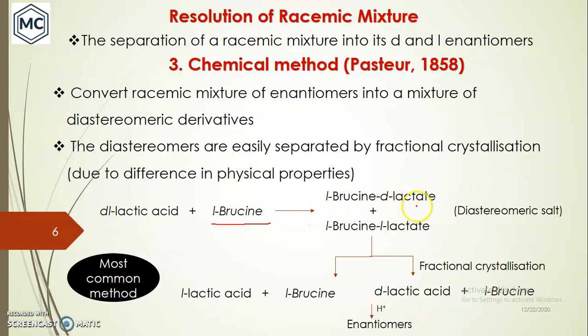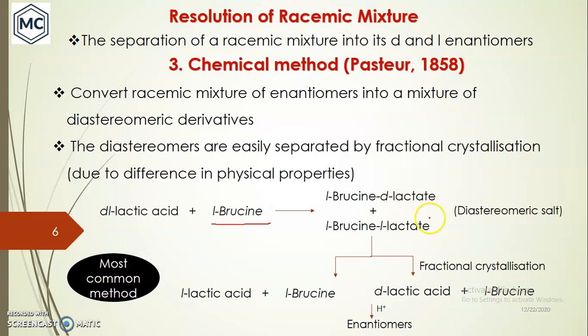What he obtained was a diastereomer: D-lactate with L-brucine, and L-lactate with L-brucine. That is, it is a diastereomeric salt. Enantiomers have the same properties, but diastereomers have different properties.